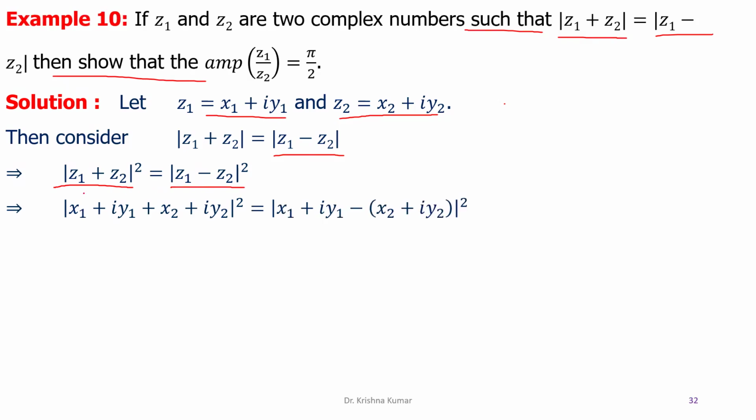Let us substitute the value of Z1 and Z2. So Z1 is x1 plus iy1, plus Z2 is x2 plus iy2, and whole modulus whole square, which is equal to modulus of x1 plus iy1 minus x2 plus iy2 whole square.